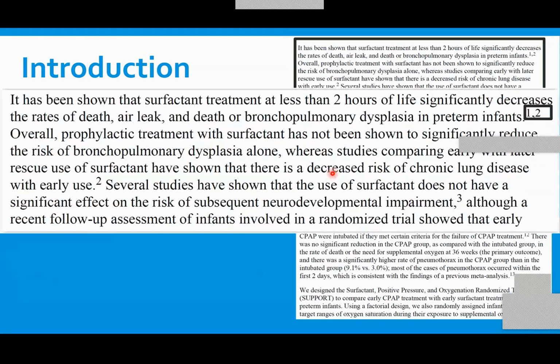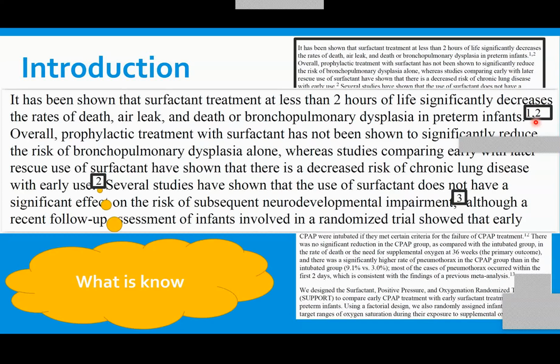So let's move to the introduction. In the introduction, first you will see what is known. So you can see here you have an article, there is another article, a third article, and so on. It tells you about the facts about CPAP and surfactant, why we're using them, what the complications are, and so on. So it tells you what is known. Okay?